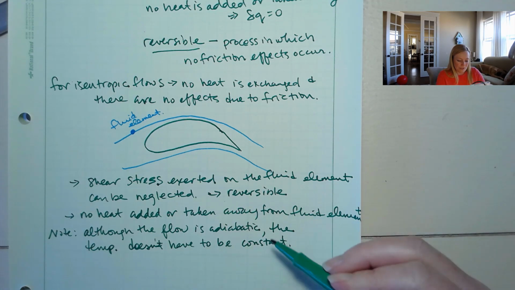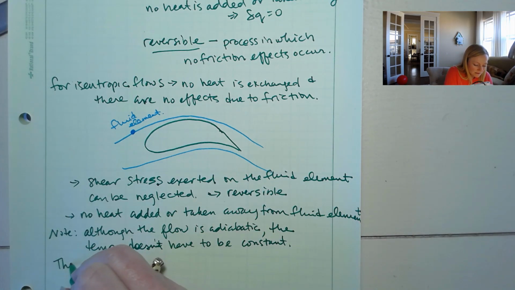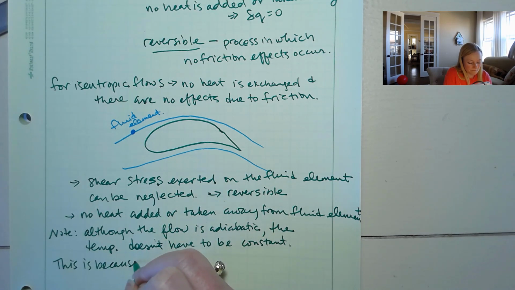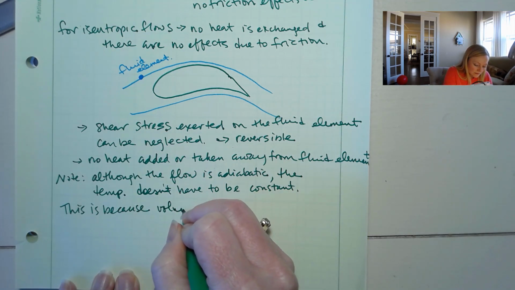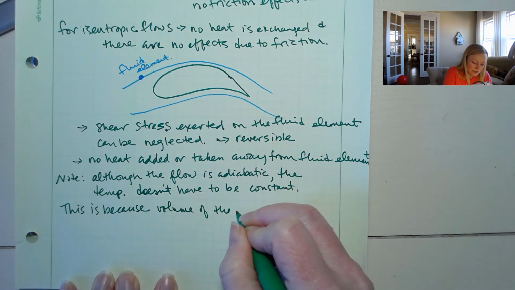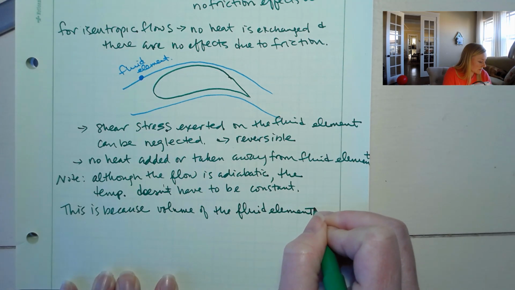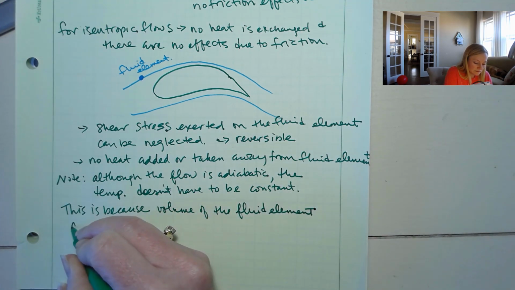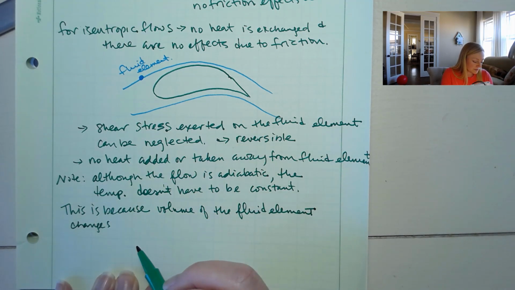And let's write a reason why that might be. Okay, so let's put this is because the volume of the fluid element is going to change as it moves through the different densities.